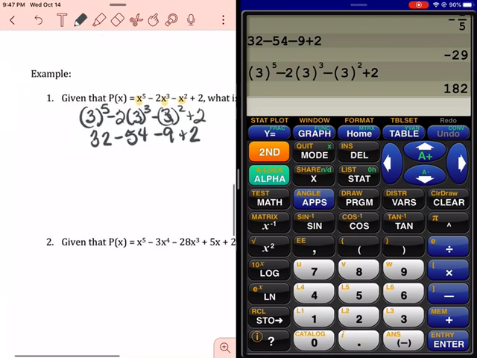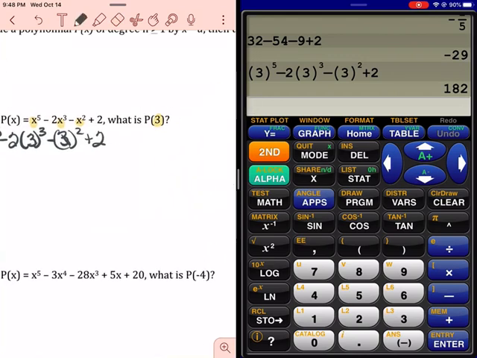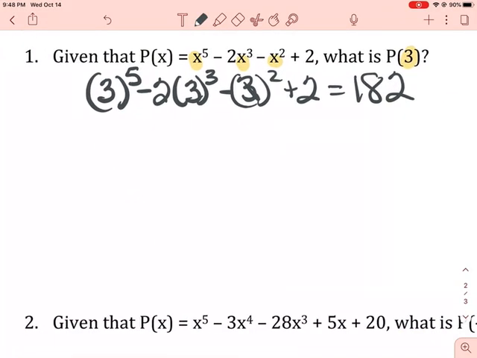Oh, no, I did 2 to the 5th is 32. Yeah, that's wrong. Okay, I was wondering why I wasn't getting it right. 182. All right, so good thing I checked. Let's do it by synthetic division.